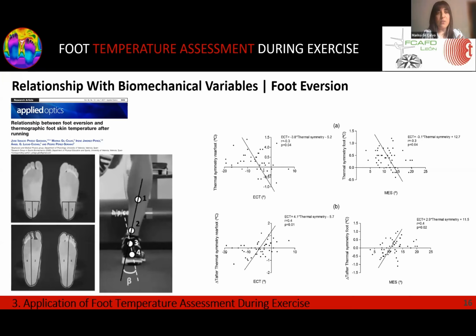However, we did not find a clear relationship with these angular biomechanical variables. We cannot relate ankle movement with the temperature of the sole of the foot, neither with just the heel nor with the entire foot sole.